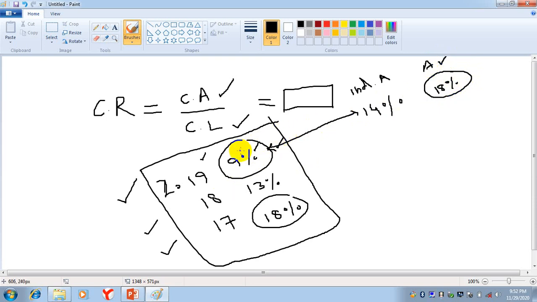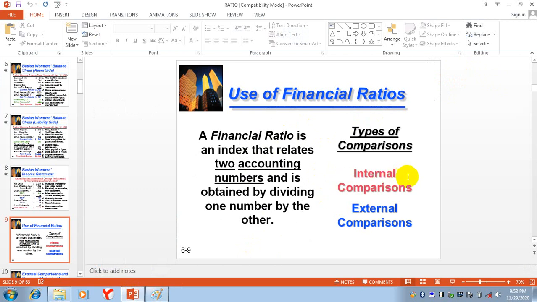So we are comparing our performance with some other company, or we are comparing our performance with industry average. So this type of comparison is called external comparison. So these are two types of comparisons. One is internal comparison, comparing your present performance with your past performance. And external comparison is comparing your performance with the industry averages or with any company in the industry.